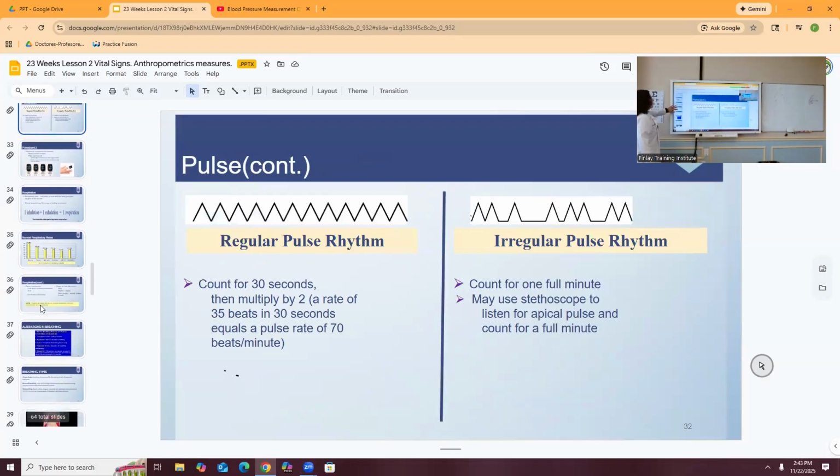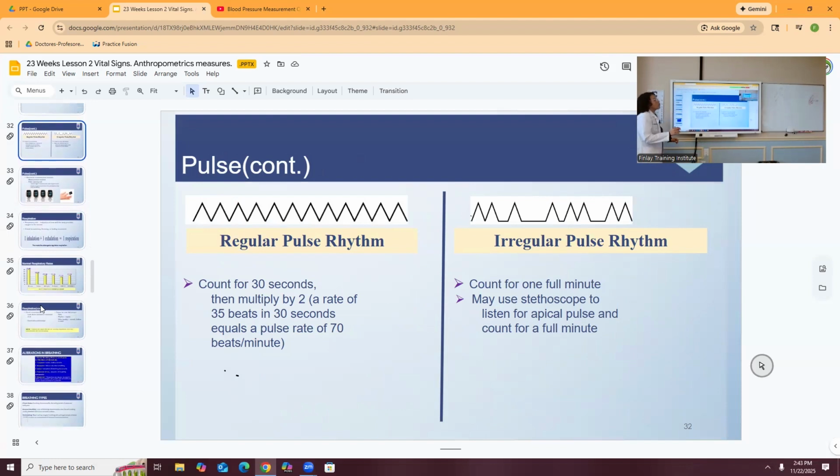When you're looking for the pulse, you're not just feeling it. You're not just going to count how many times you feel it. You're also going to notice any irregularity in the pulse. Because remember, the pulse is the contraction and relaxation of the artery, but it's also reflecting the contraction and relaxation of the heart.